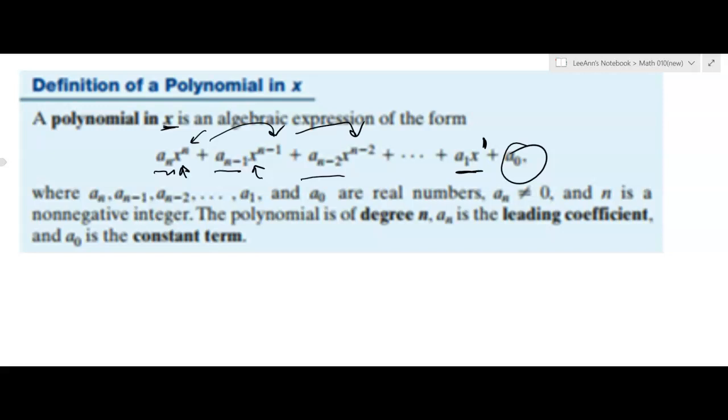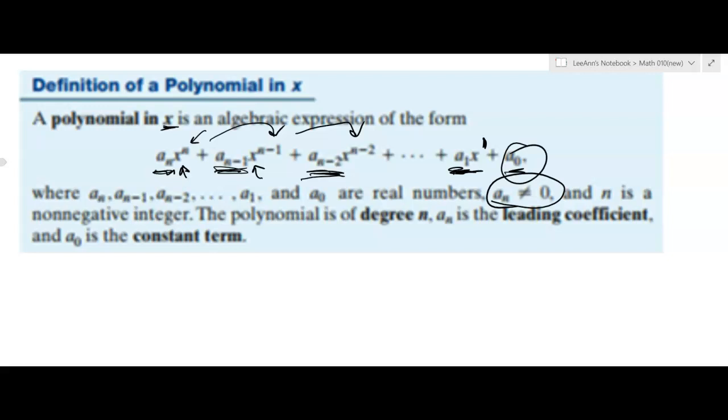Okay. And then those coefficients, a sub n minus 1, a sub n minus 2, a sub 1, and a sub 0, those are all real numbers. And the first one can't have a coefficient of 0 because then it wouldn't be that polynomial, but it's got to have a first term. N is a non-negative integer.